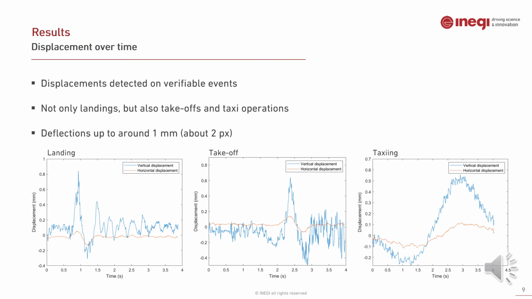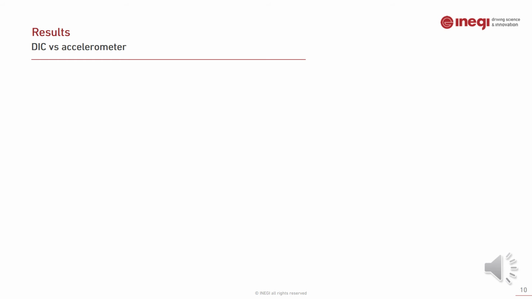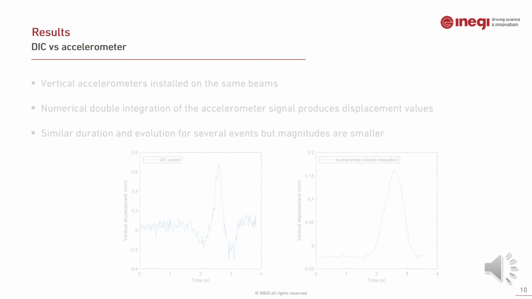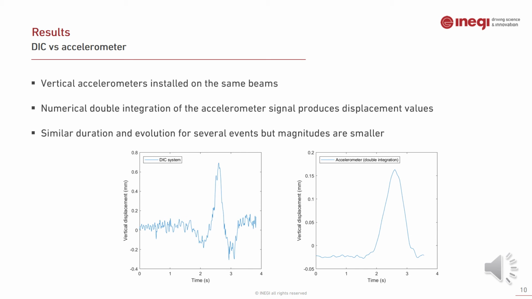We were also able to compare the results from the DIC with vertical accelerometers installed on the same beams, and their numerical double integration will give us values corresponding to displacements. This is an example of an event which we analyzed, but we analyzed several events and the conclusions were always the same.